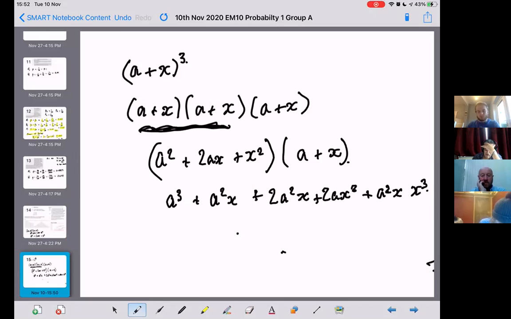All right. Now we look for like terms. We've got two like terms here that we can bring together. Got two lots of that, and that's it. So we can go equals a cubed plus 2a squared x.